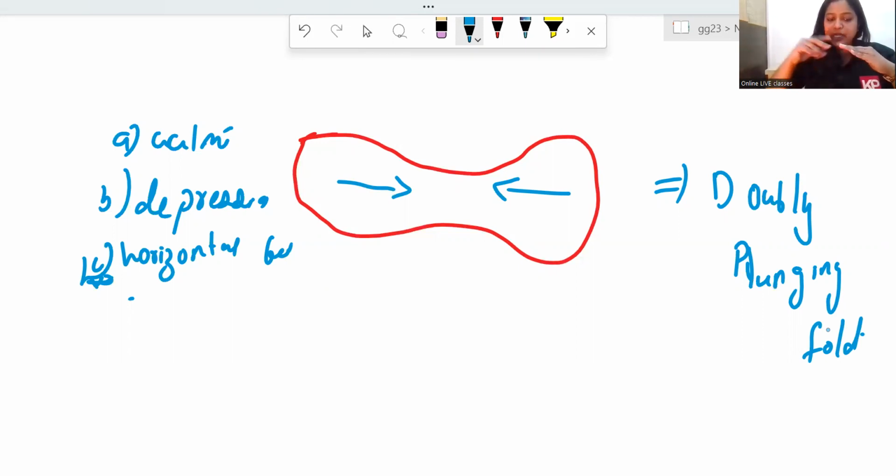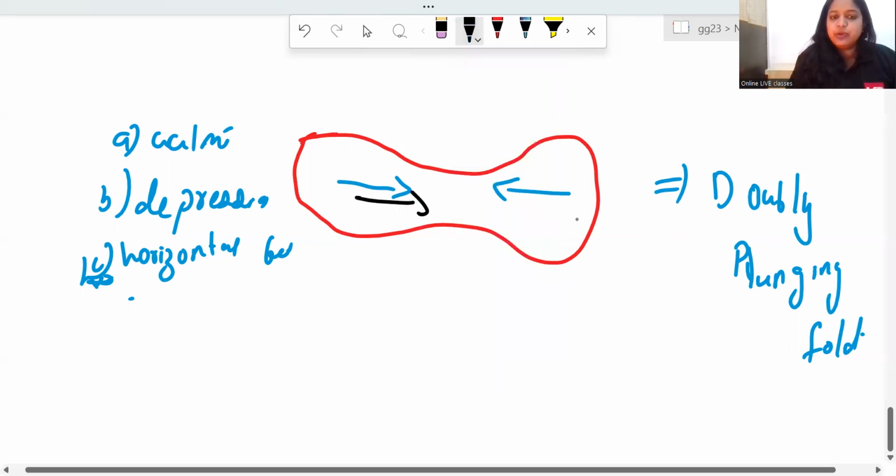When the hinge line is plunging toward the lowest point, we call it a depression. Over here they have shown that the hinge line is plunging towards the center, towards the lowest point. So this should be a depression.